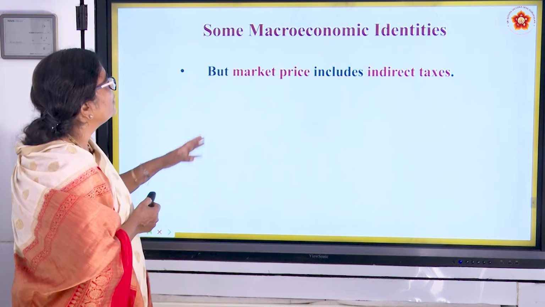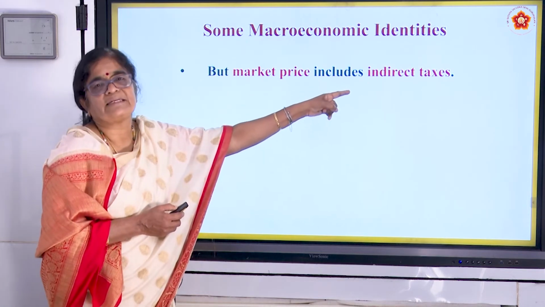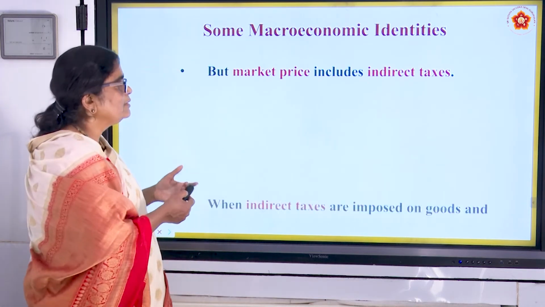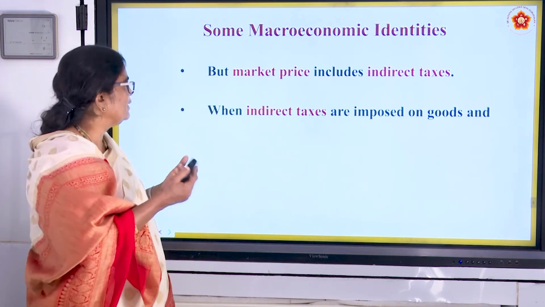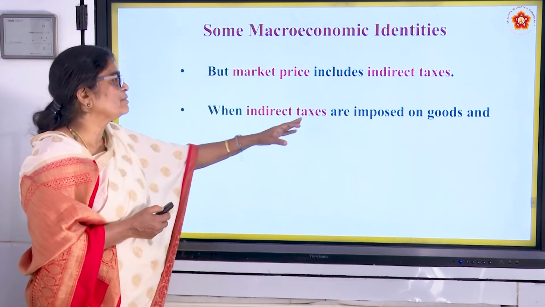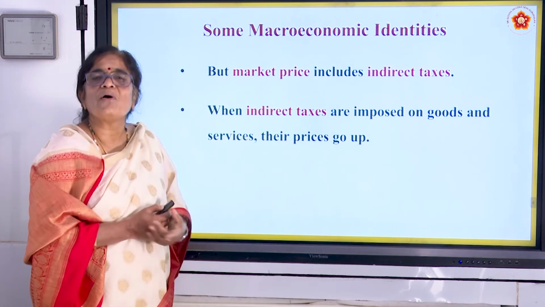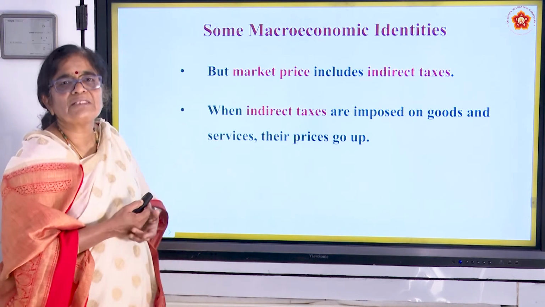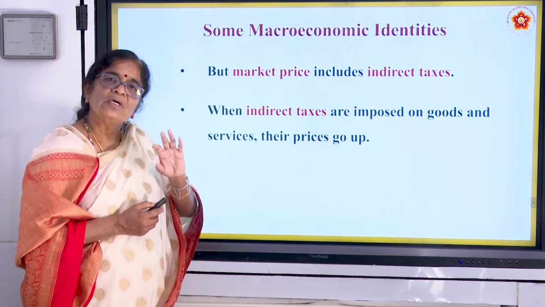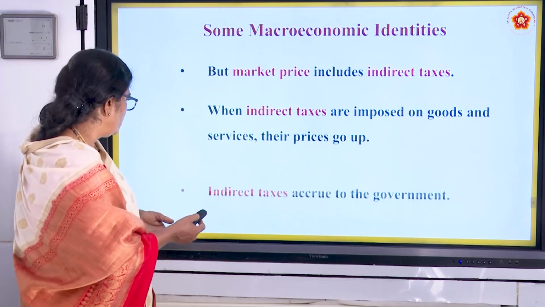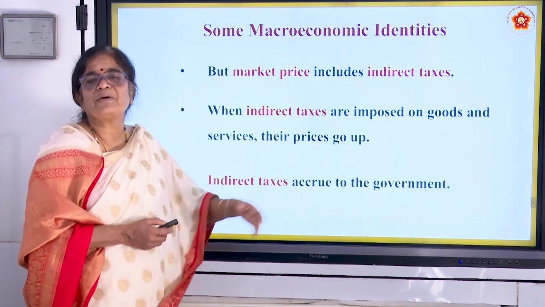The next one, market prices include indirect taxes. You know indirect taxes, production taxes and product taxes. They are charged to the prices indirectly. When indirect taxes are imposed on goods and services, their prices will go up. That's why we pay more when we buy items, because the prices include the indirect tax also. Indirect taxes accrue to the government.